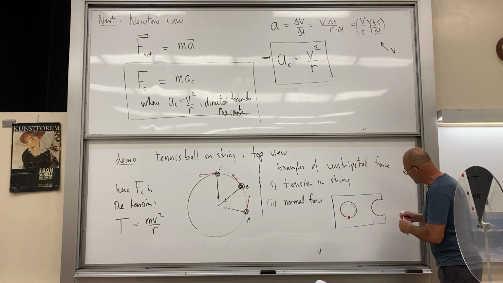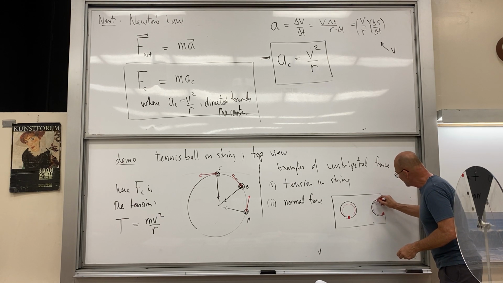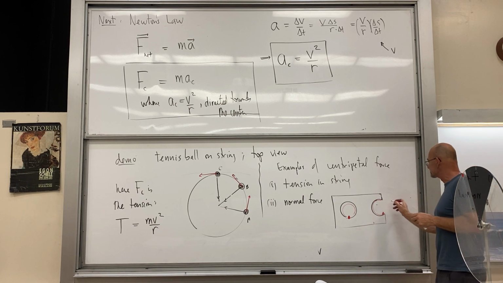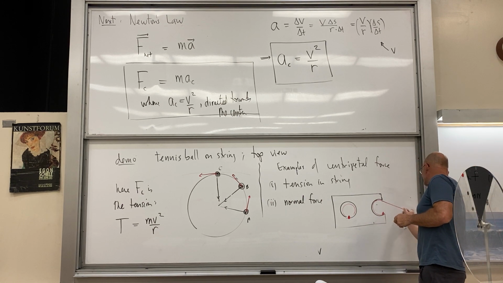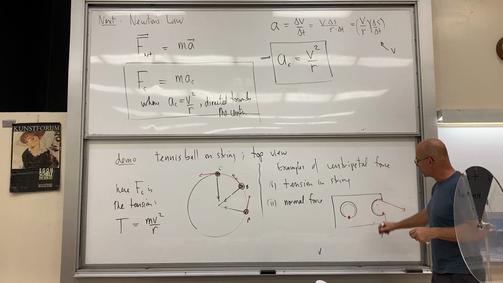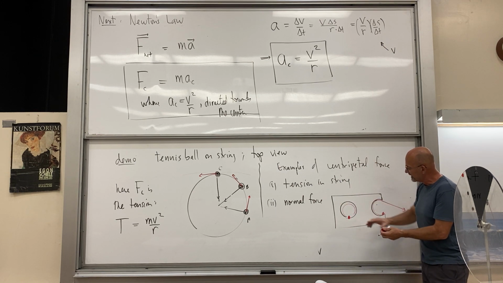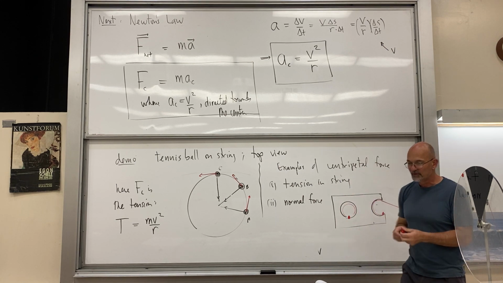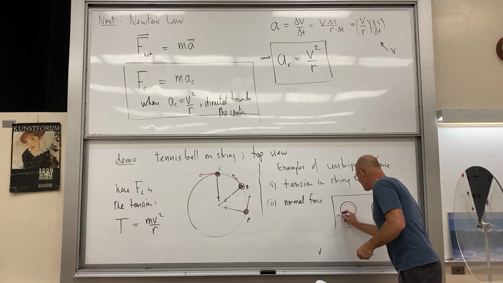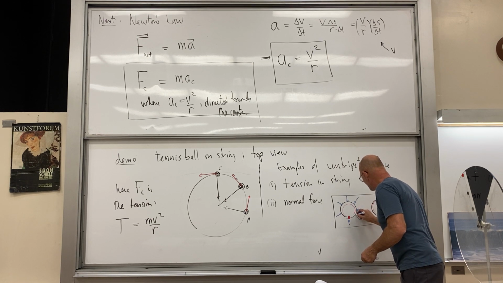And if I roll the ball in this one here, it rolls around. This is flat on the table, and the instant it leaves the plexiglass cutout, it just goes in a straight line. Okay, that's the same as cutting the string. But in this case, since it's a plexiglass thing with a hole cut out in it, we're talking about a normal force. What's keeping the ball in its circular motion is just the normal force.